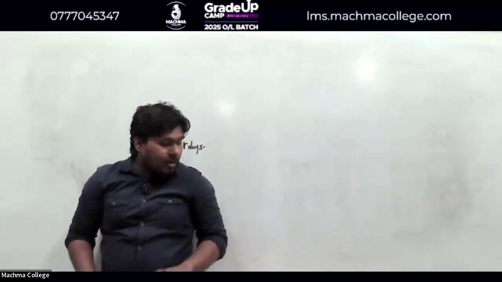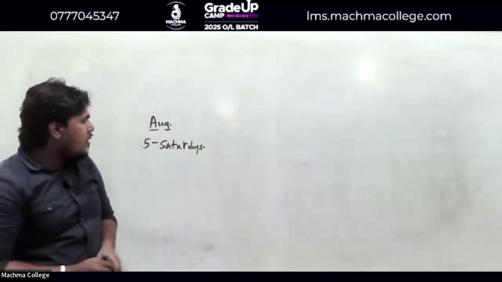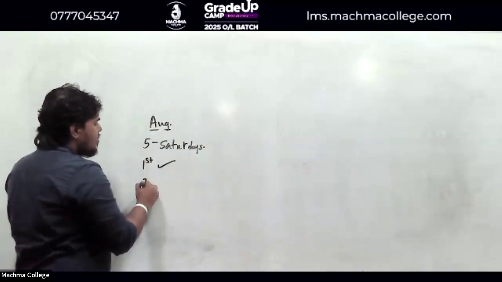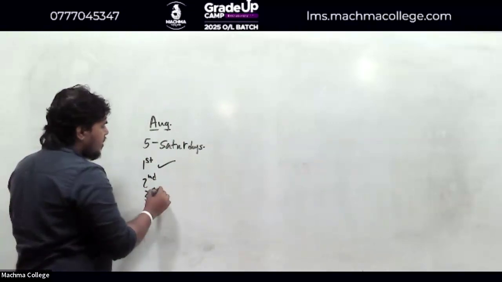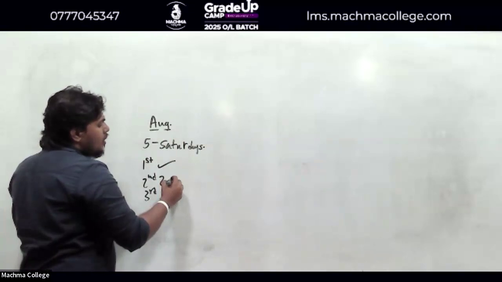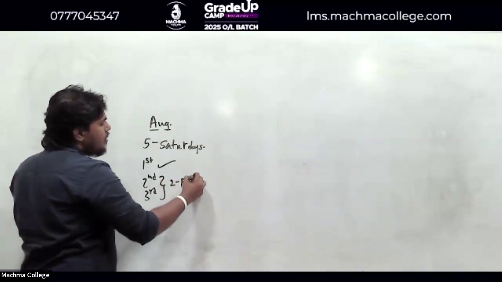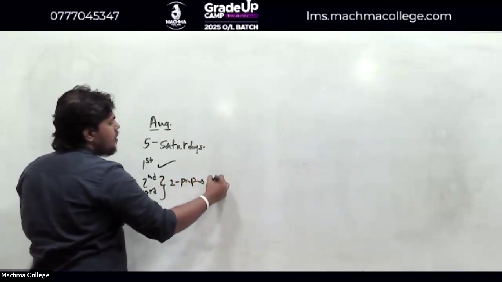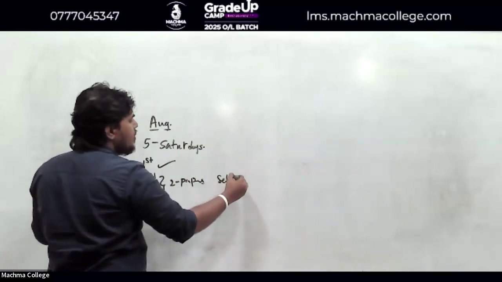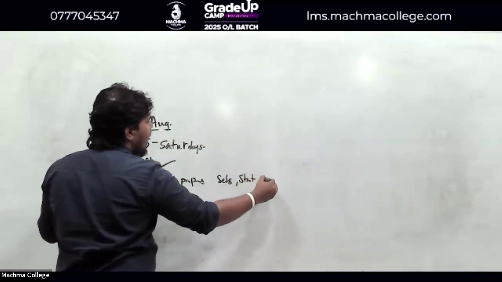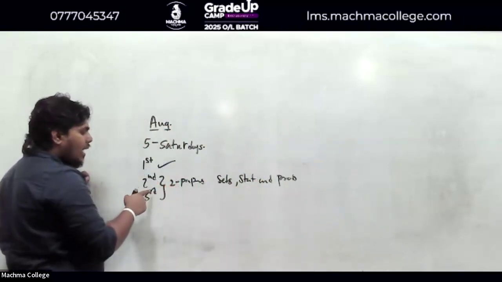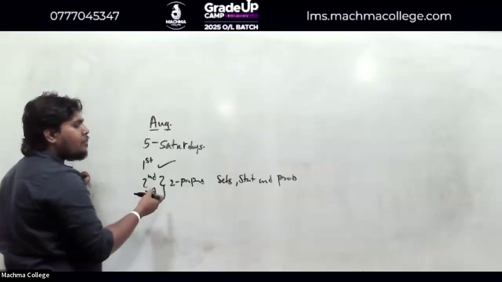Next week, the second and third weeks, I'm taking these 2 weeks to complete the 2 papers related to statistics and probability and sets. Next week, with the May paper done, if time permits, I'll start the second paper also.